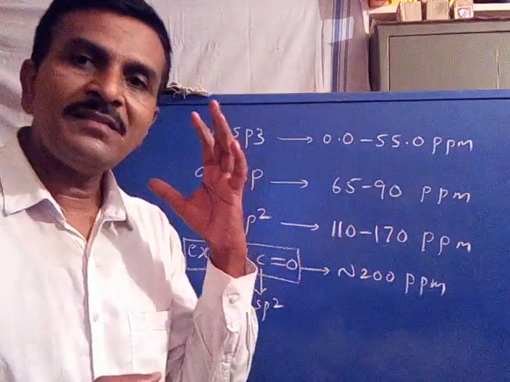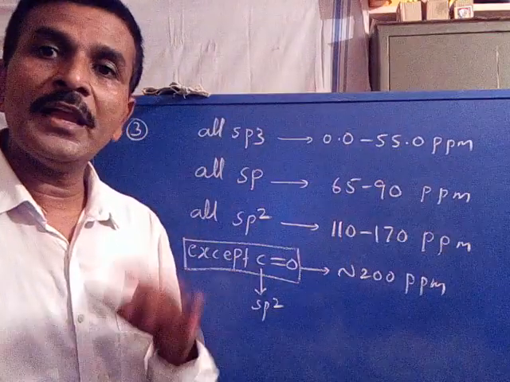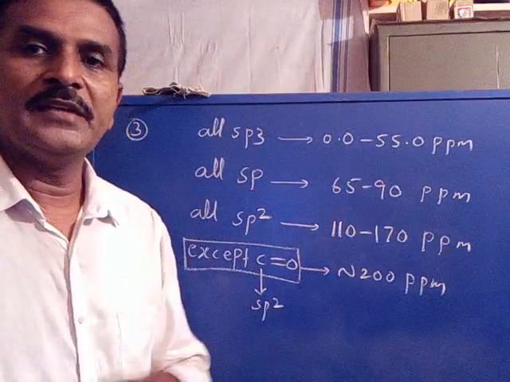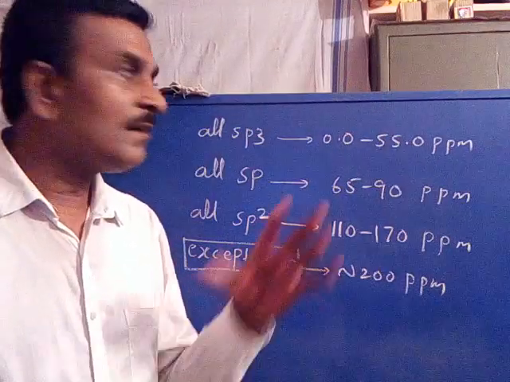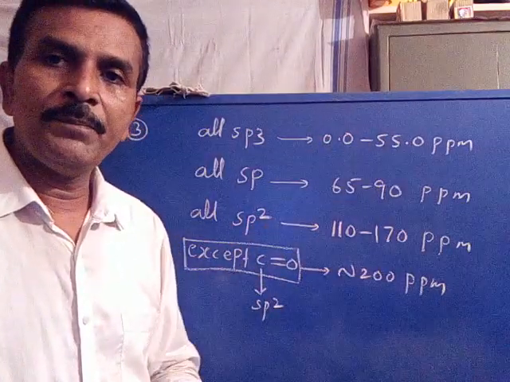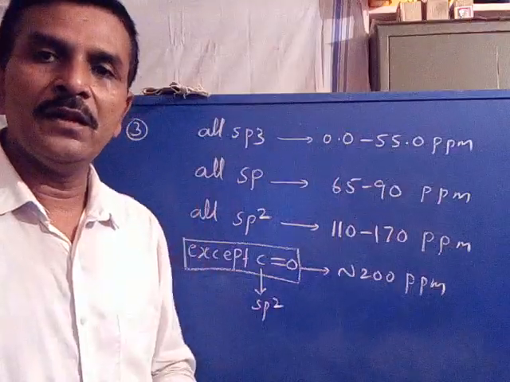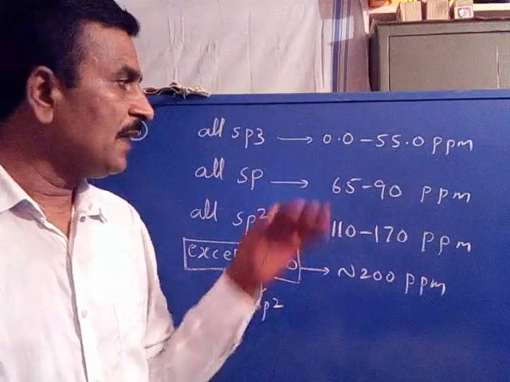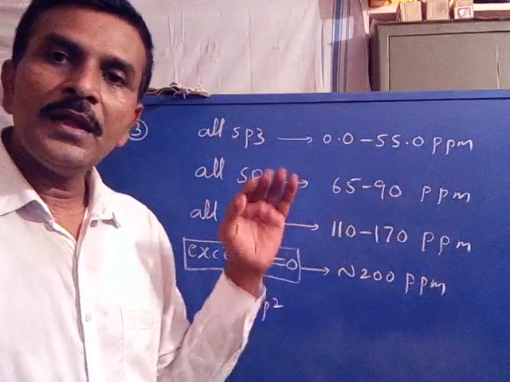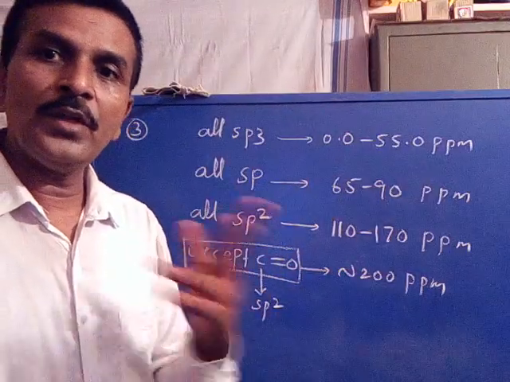So based on the delta values, we can predict the hybridization. Suppose we have a spectrum with signals in the range up to 55 ppm. We see three signals, which indicate 3 sp3 carbons. In the range of 65 to 90, if there are 2 signals, they indicate 2 sp carbons.